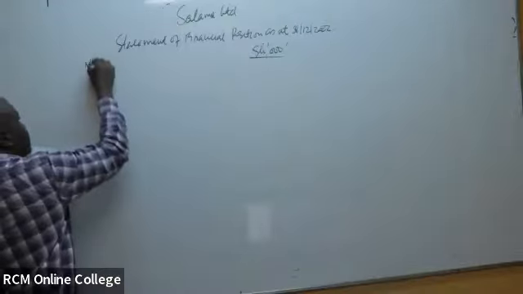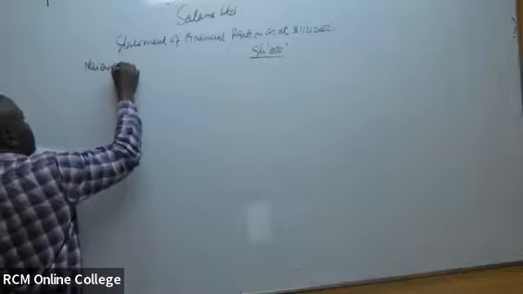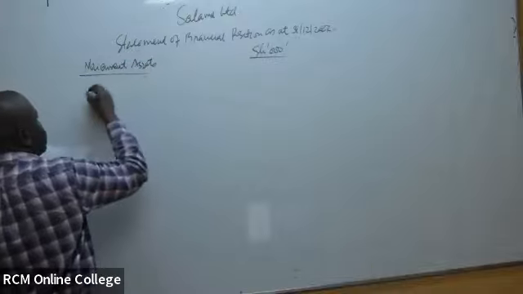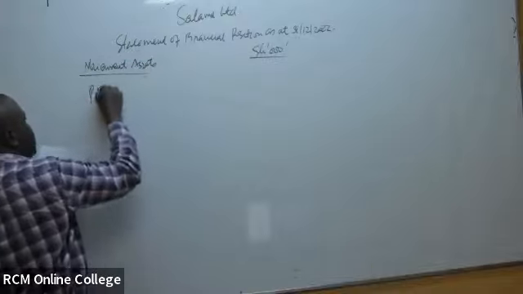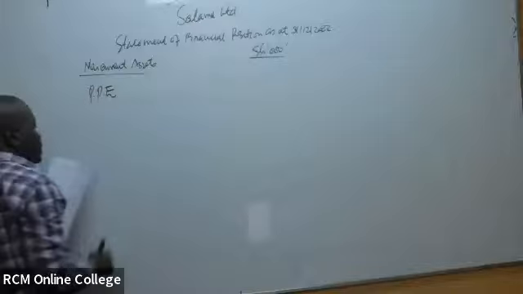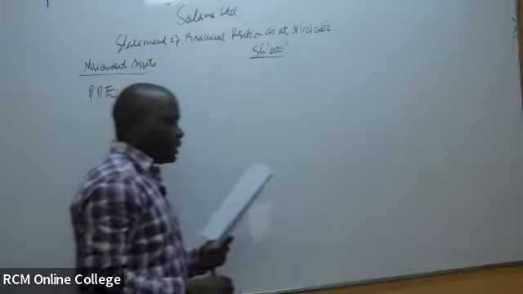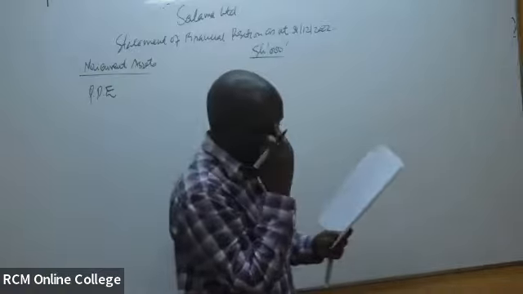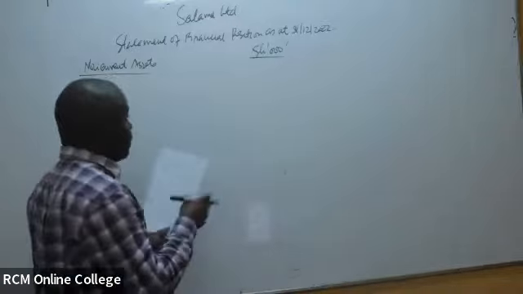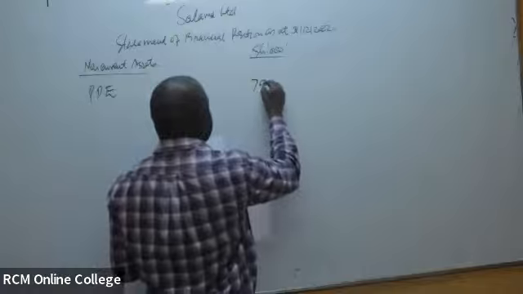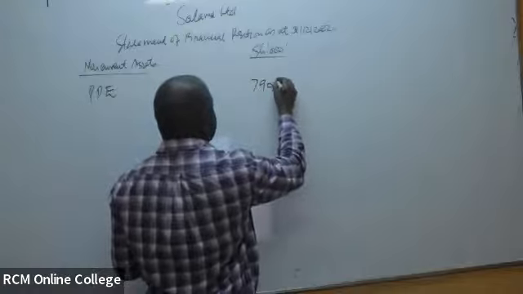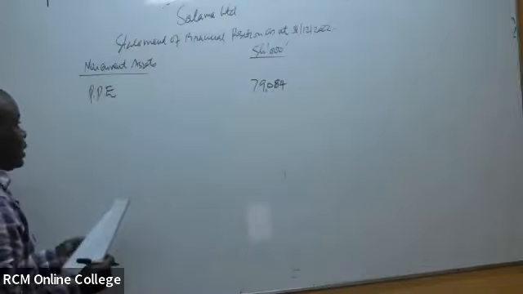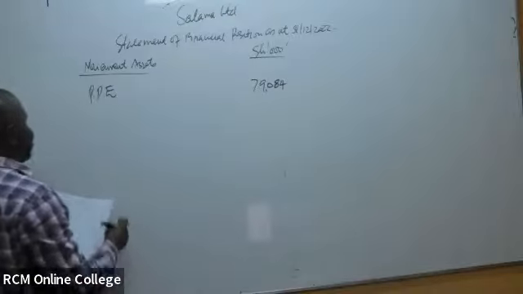For non-current assets, automatically you start with property, plant, and equipment, which we've done the computation for, and we've gotten a figure of 79,084. Then look at any other item that can fit as a non-current asset.